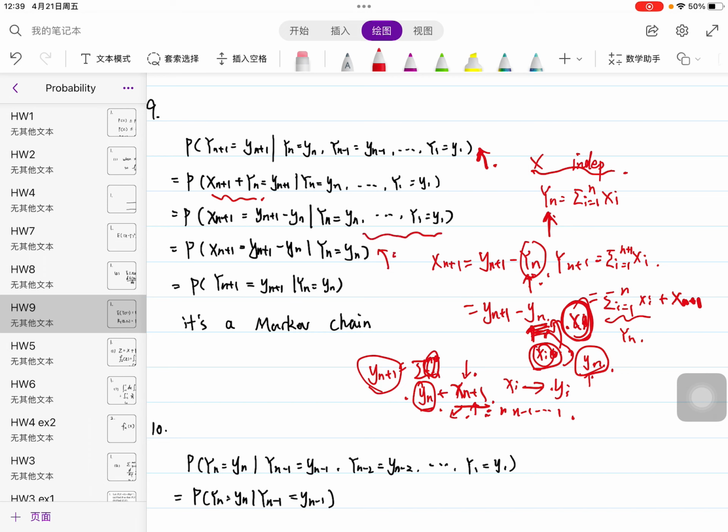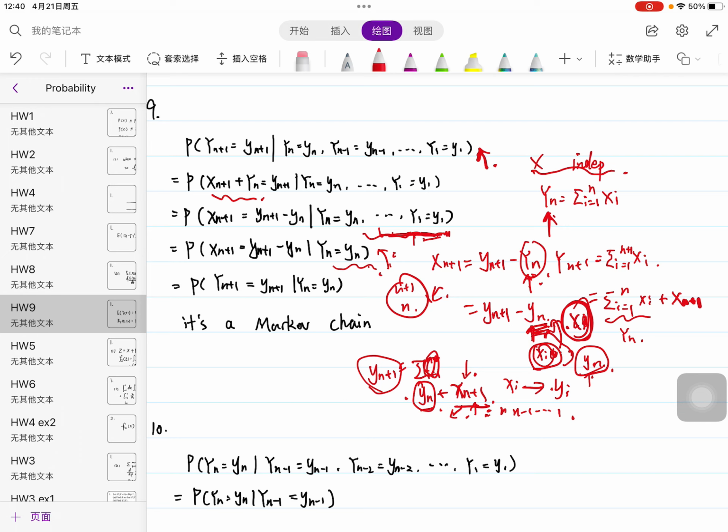That's why, although there are a lot of terms in this condition, we could ignore all the other terms, since the probability only concerns n plus 1 terms and n terms. That's why we only leave Yn equals lowercase yn here, right? Makes sense.